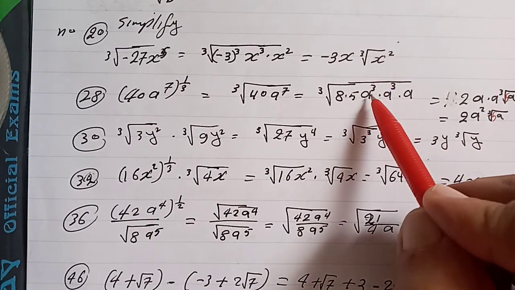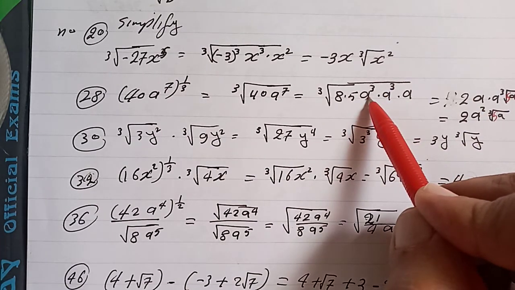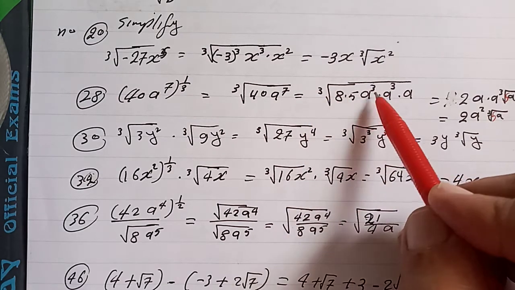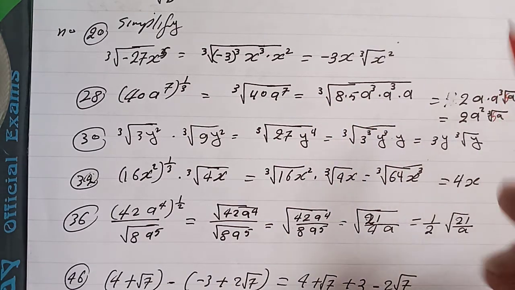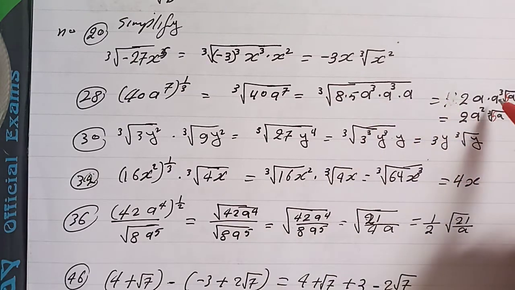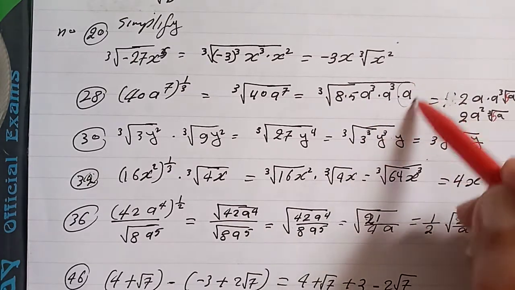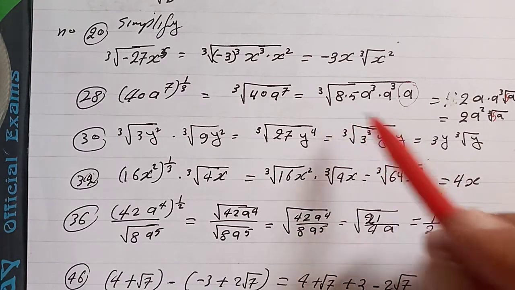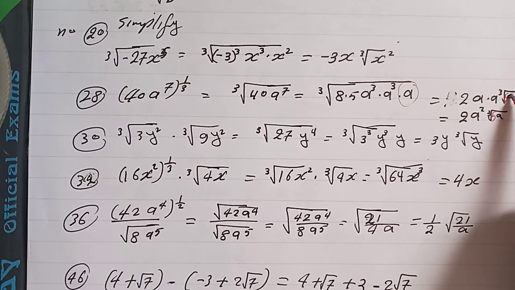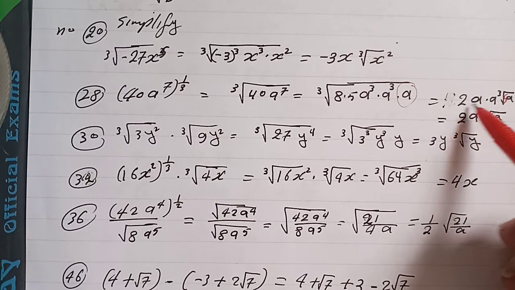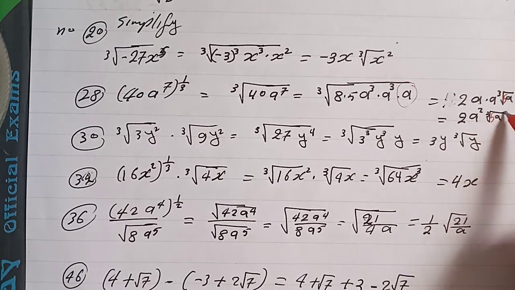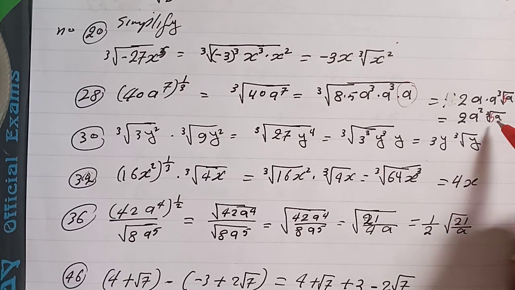The a to the power 3, the 3 will cancel the root, so it will be only a, and this also will be a. But this one cannot be cancelled, so it will stay under the root. So finally it is 2a times a, which equals 2a squared times the cube root of 5a.